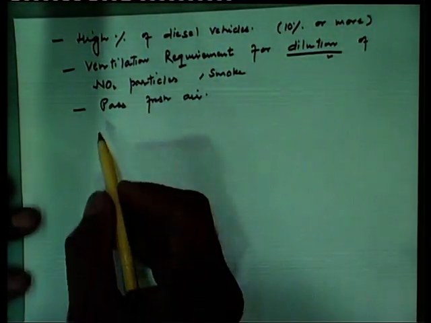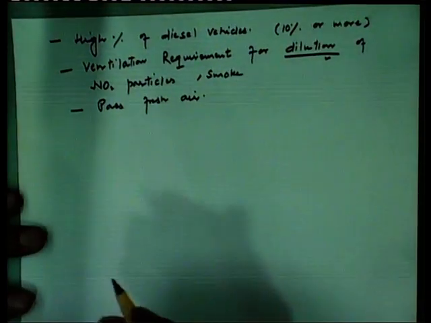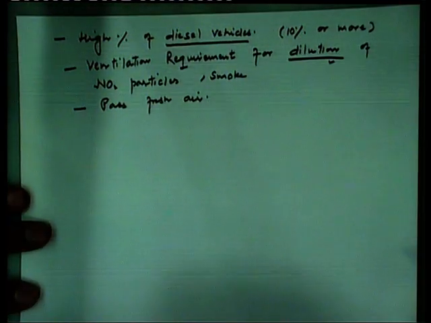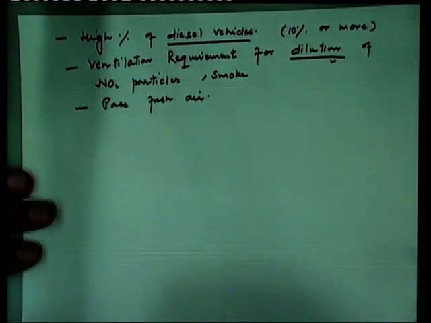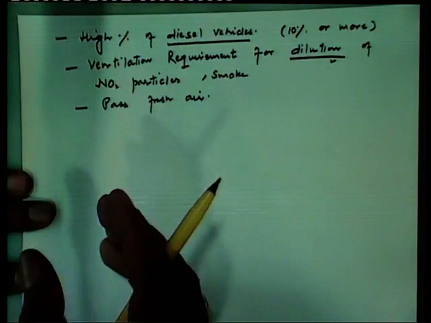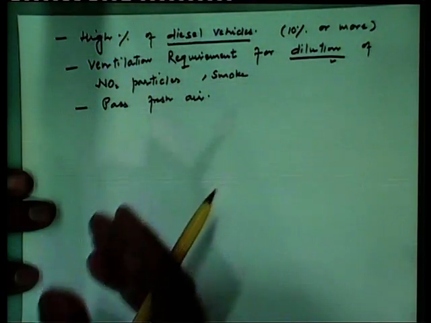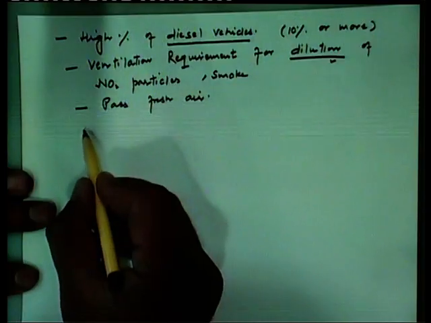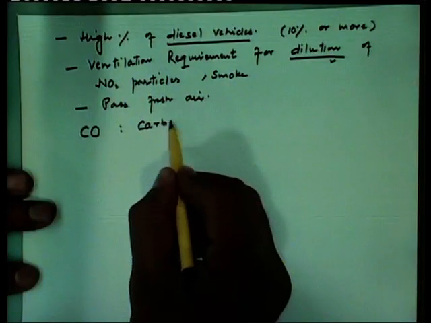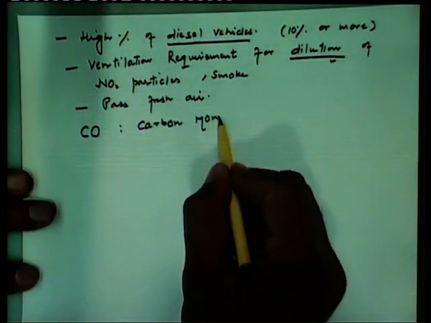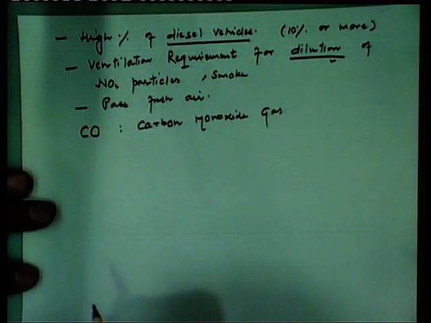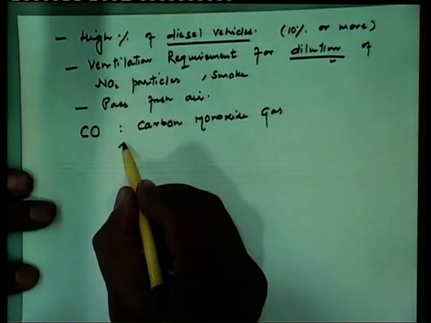Now, one interesting thing, after the construction of tunnels, as I told you, the diesel vehicles are very much responsible for most of the nuisance. In the gases released from these diesel vehicles, the special gas, carbon monoxide, has proven to be an umbrella pollutant.